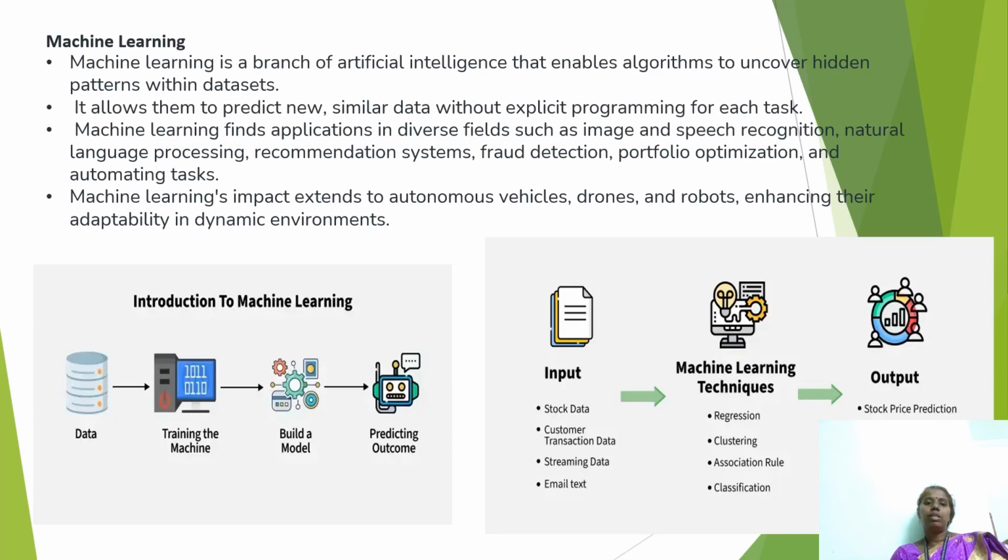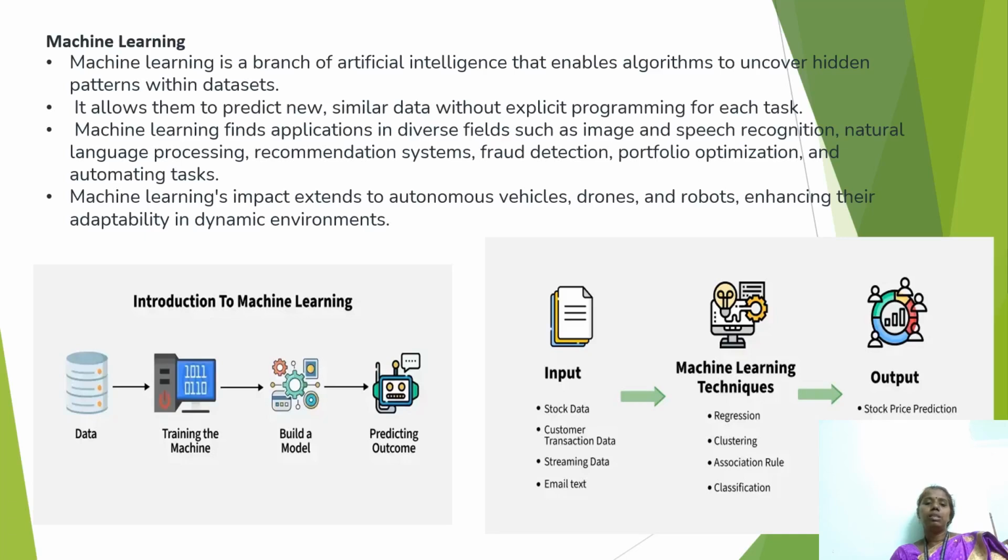Machine learning finds applications in diverse fields such as image and speech recognition, natural language processing, recommendation systems, fraud detection, portfolio optimization, and automating tasks. Machine learning's impact extends to autonomous vehicles, drones, and robots, enhancing their adaptability in dynamic environments.